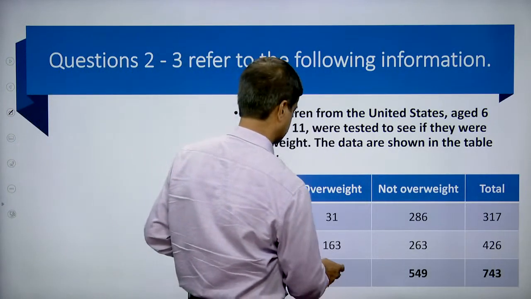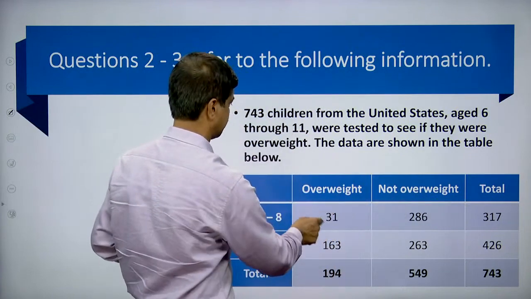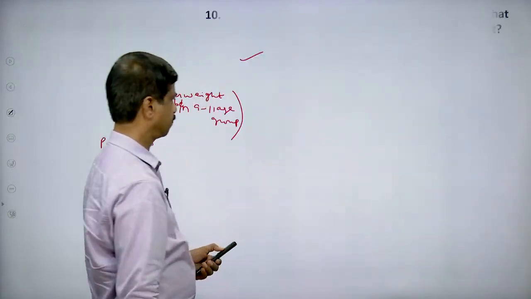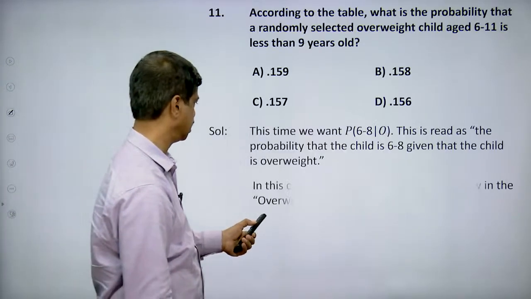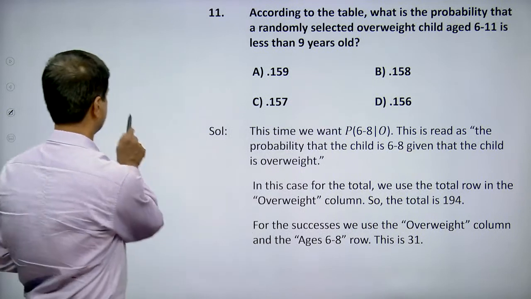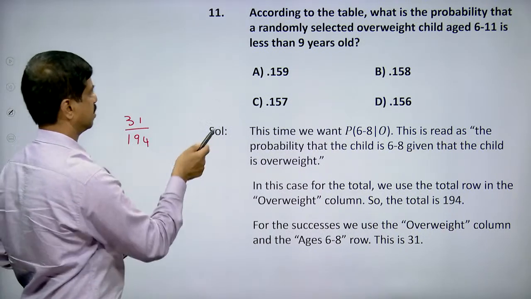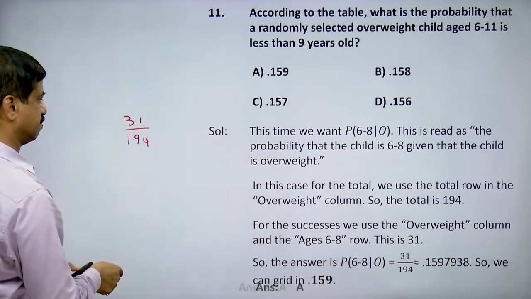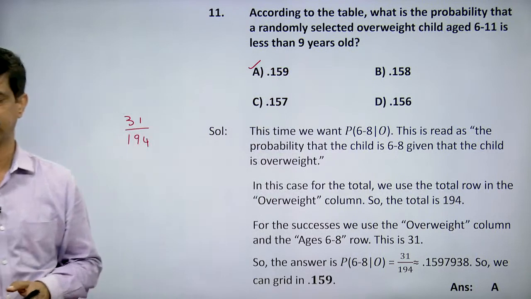He is talking about only comparative to this, not overall strength. So 31 divided by 194. So that is equal to 31 divided by 194. So that is equal to what? So answer 0.159. So option A. Please note it, children, quick.